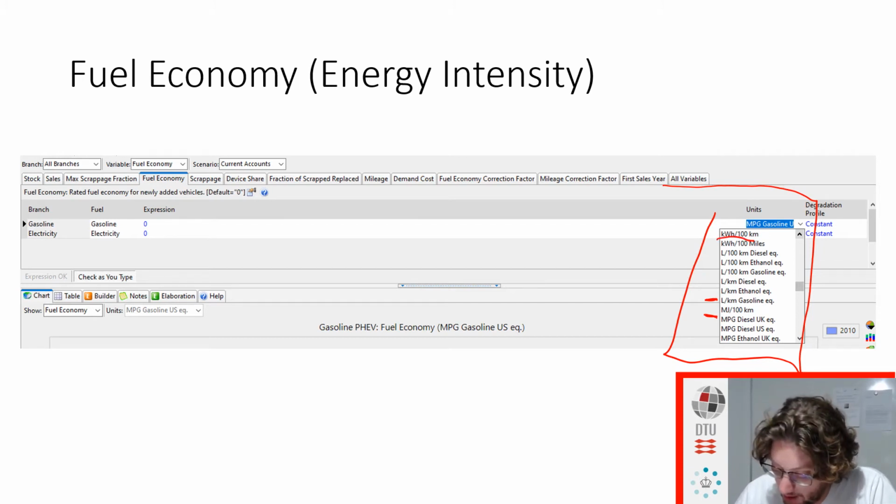Interestingly, we also have kilowatt hours per 100 kilometers, which is a quite normal unit for electric vehicles. So that's also quite a good thing to have here. For electric vehicles, it might be quite noticeable that we don't have any thoughts on kilowatt hours of battery. And quite frankly, that's because we don't really care in LEAP. So here we don't have the battery state or any thoughts on general battery size development, because we're only interested in the consumption.